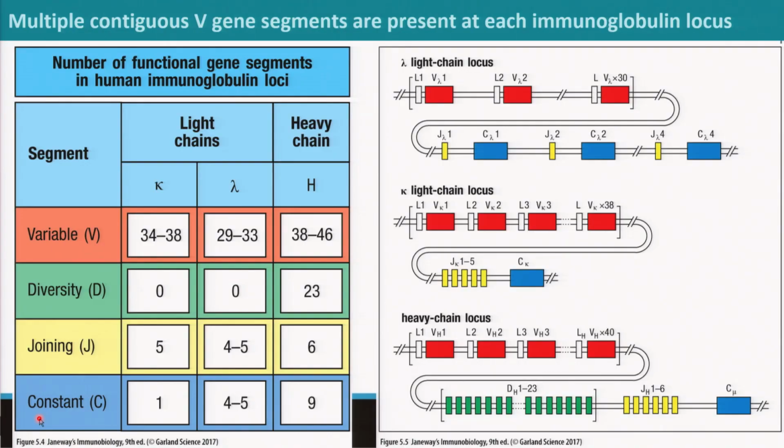In the last class we discussed the number of variable regions of kappa and lambda light chains and heavy chain. The diversity region is not present in the light chain, only in the heavy chain, and the joining segment is in both the light chain and heavy chain. The constant domain also varies: kappa chain has 1, lambda chain has 4 to 5, and heavy chain has 9.